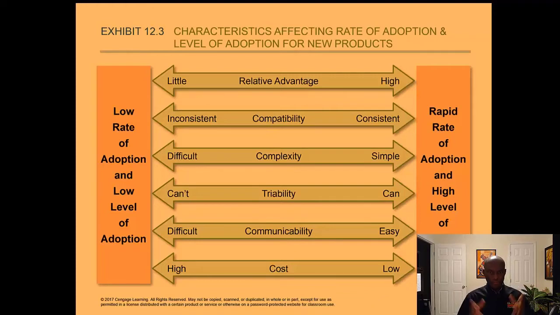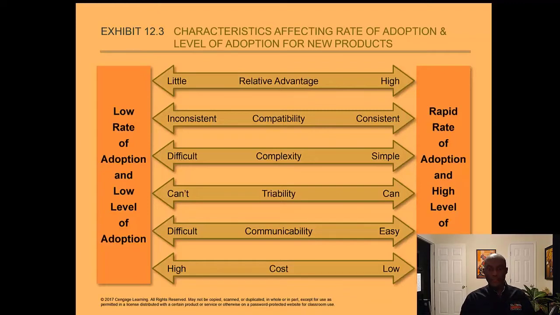You have at both ends of the spectrum, low rate of adoption and rapid rate of adoption. What is going to determine that in an international market are 6 different elements. The relative advantage that you have in terms of your target country. How compatible are you with your target country? How complex is that market going to be to enter? Can I try this product?